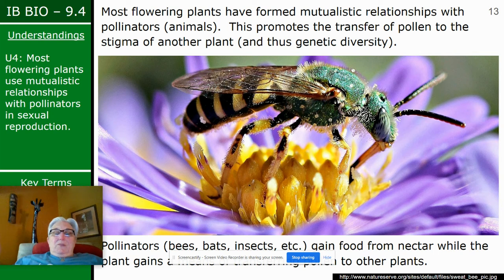So this is very much a mutualistic relationship, right? The bee or bird or whatever happens to be comes in for food, and while they're getting their food, the pollen gets on their legs, their underbelly, their wings, whatever, and then they move to the next flower and transfer that, and that's why the stigma is sticky, so that pollen will attach to it.